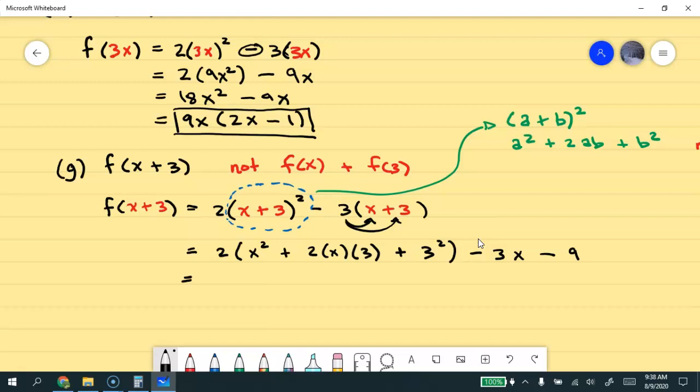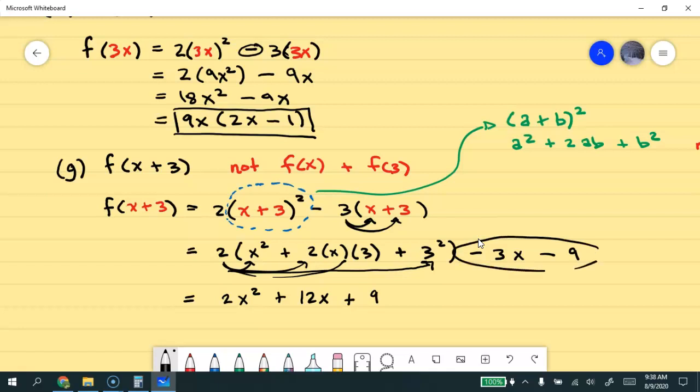And then simplifying a little bit, multiplying the 2 into everything over here is going to give us 2x squared plus, now 2x times 3 is 6x, and then 6x times 2 is 12x, so 12x plus 9. And then from the rest of that result, it said minus 3x minus 9, right?